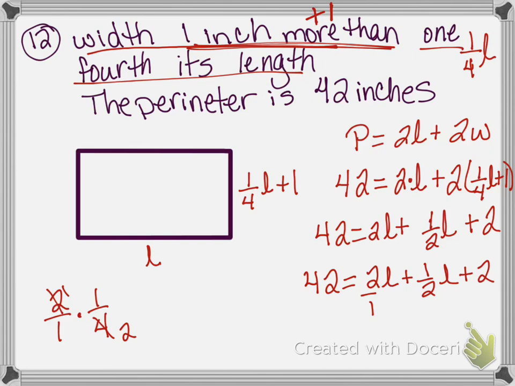So I'll change my 2 over 1 to 4 over 2. What happens there? Is that the same thing as 2? Yes. Okay. So then I have 42 equals 5 over 2L plus 2.